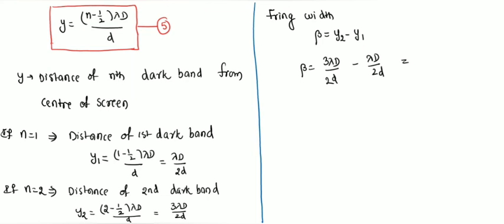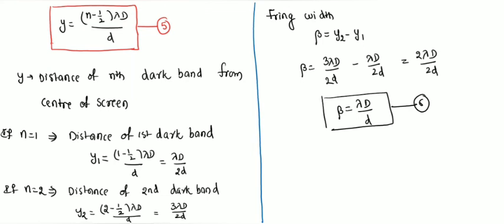If you simplify this, 2 lambda capital D by 2d, we finally get the beta formula: lambda capital D by small d. This is considered equation 6. From equation 4 and equation 6, the distance between the successive dark bands or the successive bright bands is the same. That is the fringe width.